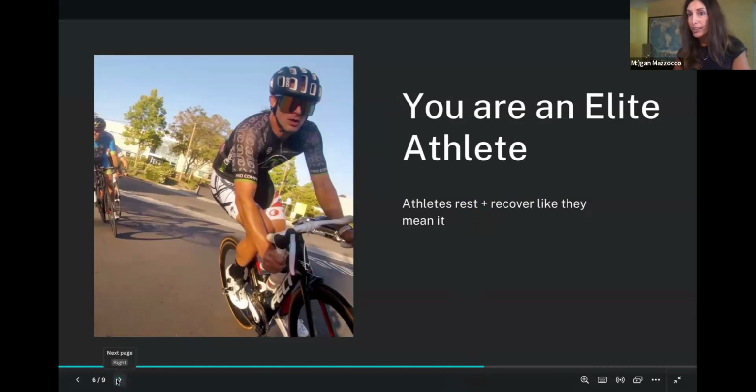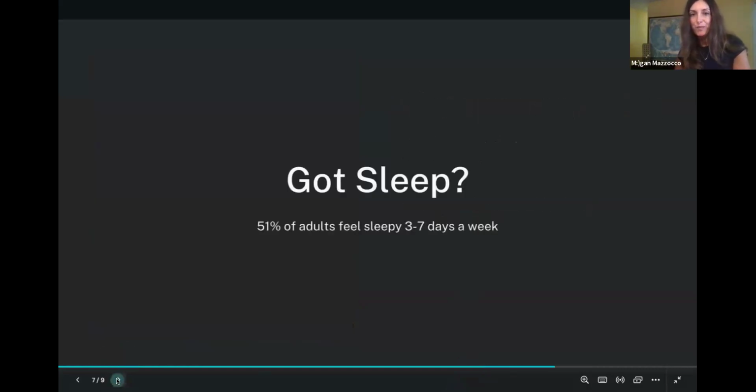And you will be modeling healthy boundaries and healthy habits and healthy behaviors. So I went over this before about sleep, but this is my parody of the Got Milk campaign, because I really think that it's more important that we sleep than we drink milk.